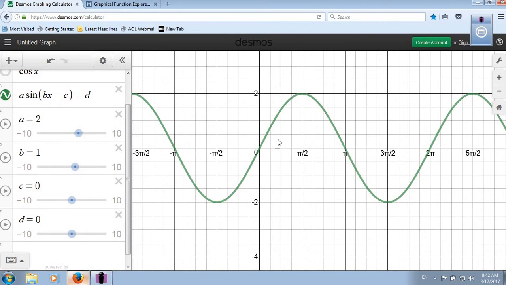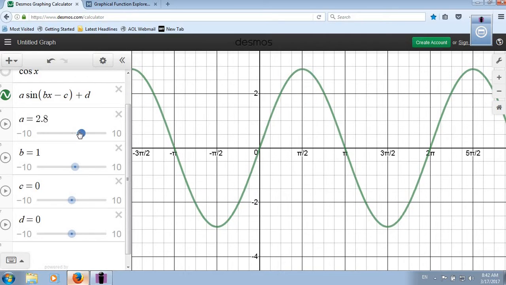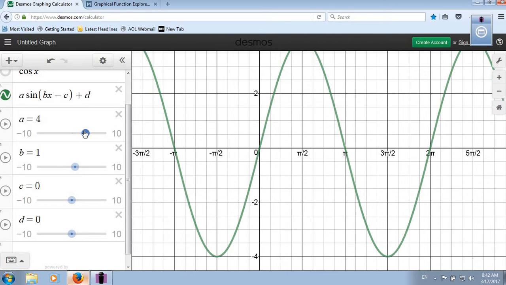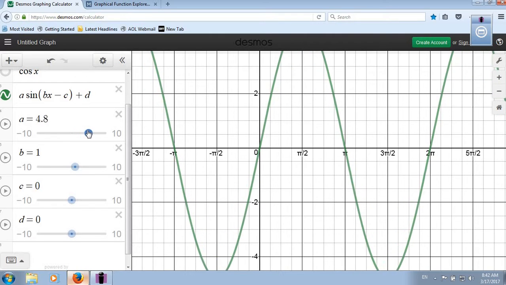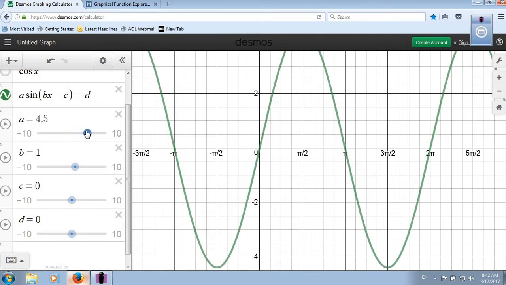The midline is still the same, the period is still the same, and the displacement, which is d here, is still the same. But the distance between the midline and the peak and trough has increased to 2. I can increase to 3, to 4, to 5. This is the change in the amplitude.